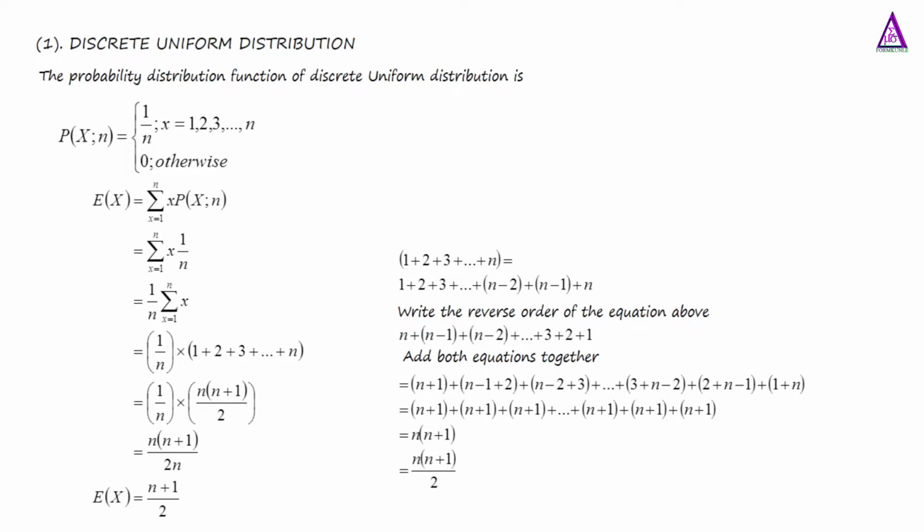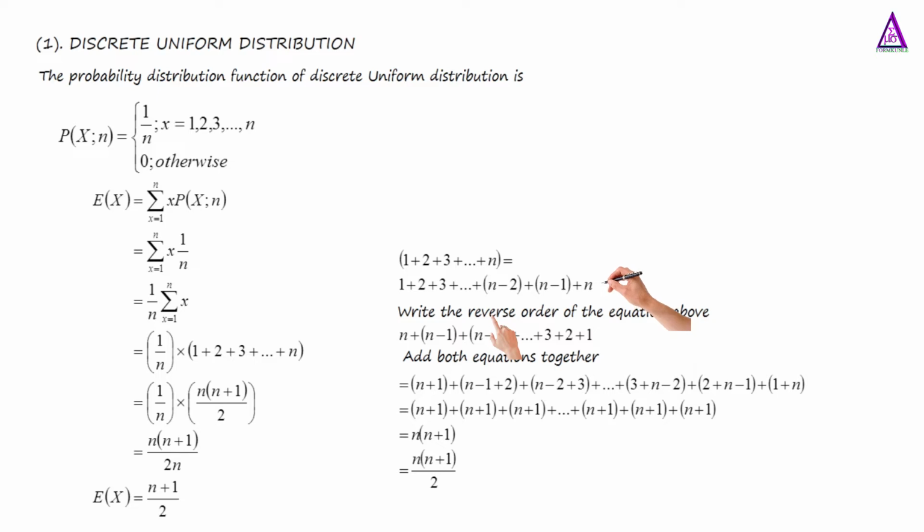And if we look at the expansion of 1 plus 2 plus 3 plus ... plus n, let's write 1 plus 2 plus 3 plus ... plus (n minus 2) plus (n minus 1) plus n. Write the reverse order of the equation above.